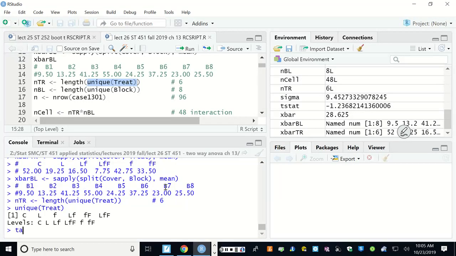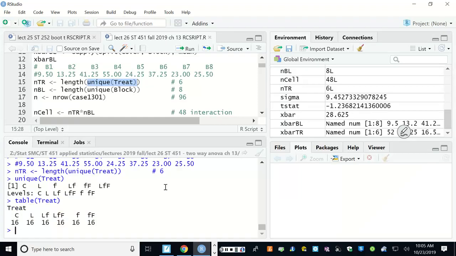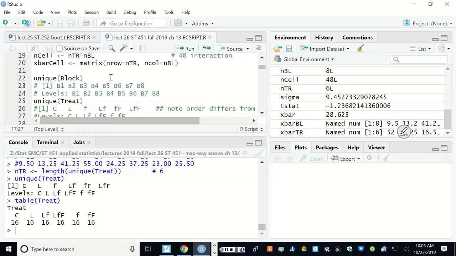Table is also a command that's useful for these things. So there's a table of these counts. There's 96 observations, right? There's actually 48 possible different cells.